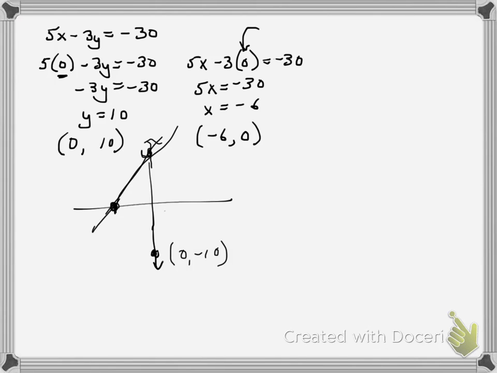Now let's go to your oral practice on 287. They're asking you to quickly identify the y-intercept. For instance, the first one says 3x minus 2y equals 18. If we want to identify the y-intercept quickly, we're not caring about the x, we're just thinking this, and divide by negative 2, and the y-intercept is negative 9.